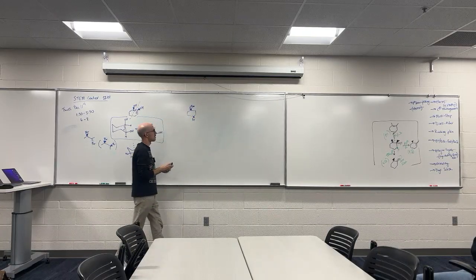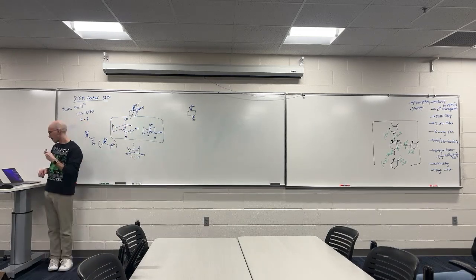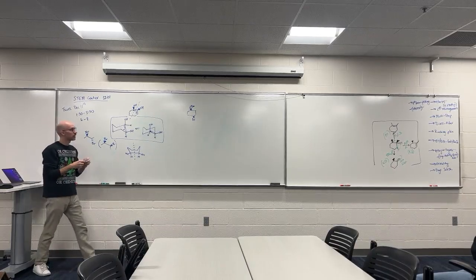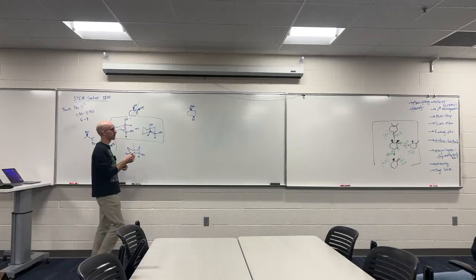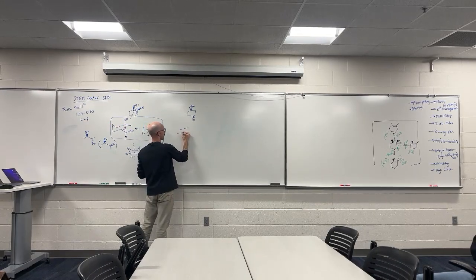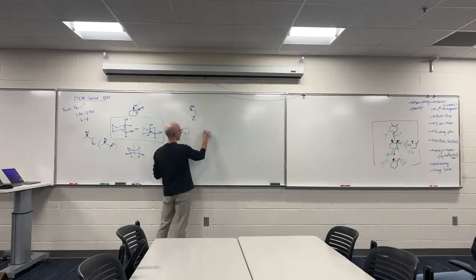Molecular weight, ooh. CH3 times 3 is 45, plus 12 is 57. Tert-butyl weighs 57, and bromine weighs 79, 51% of the time, and 81, 49% of the time. So bromine is actually very heavy.